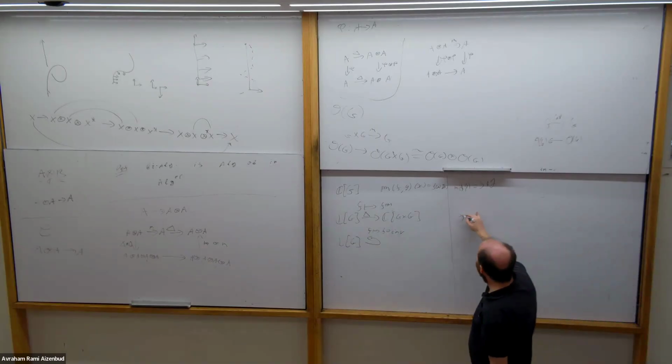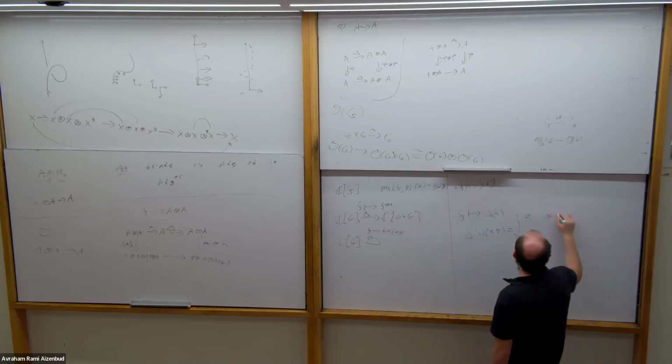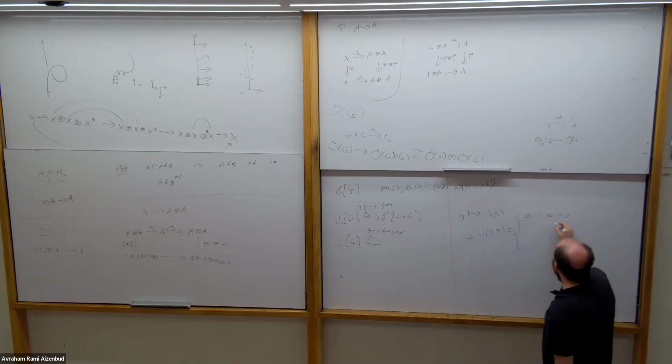F maps to a function on G times G, delta of F, so delta of F of X, Y is equal to 0 if X is not equal to Y, and F of X if X equals Y.